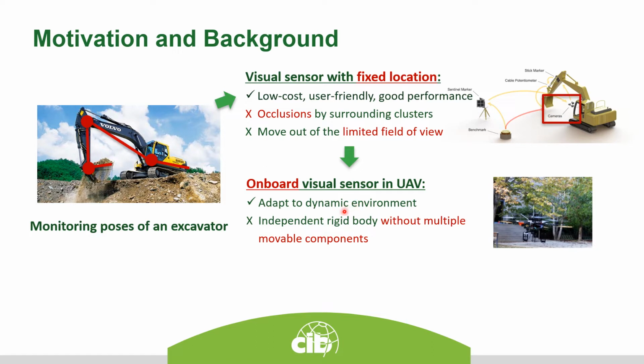To adapt to the dynamic environment, UAVs are equipped with an onboard navigation system, which is more flexible and reliable. But because the UAV is just an independent rigid body without multiple movable components, it cannot be applied to excavators for tracking multiple angles at the same time.